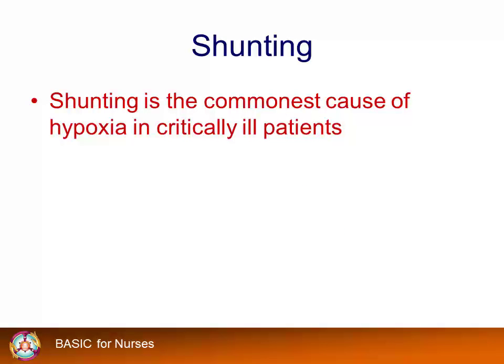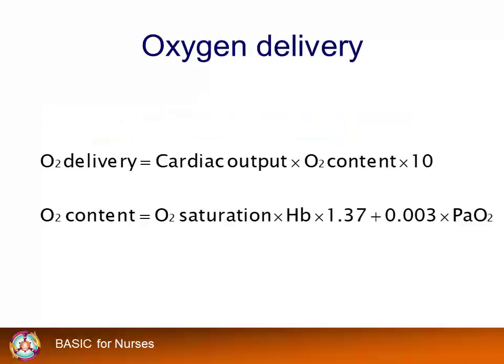Shunting is the commonest cause of hypoxia in critically ill patients. Remember that the aim of therapy is to restore oxygen delivery to tissues, and that saturation, not PO2, is a major determinant of oxygen delivery.